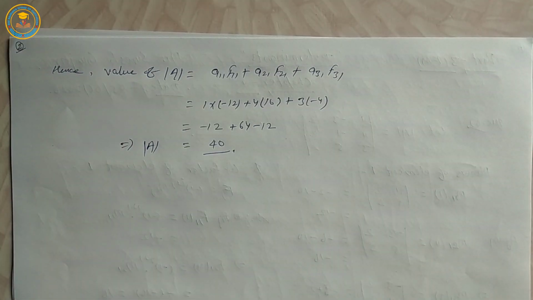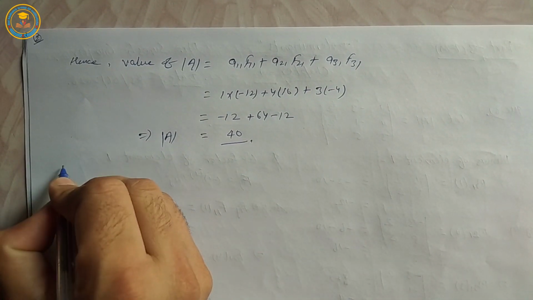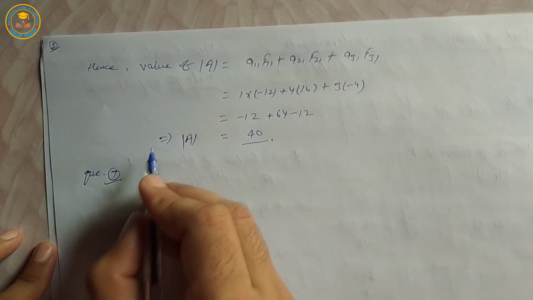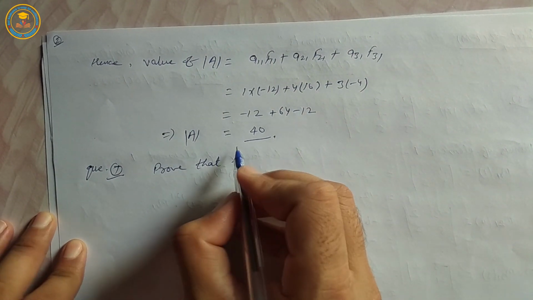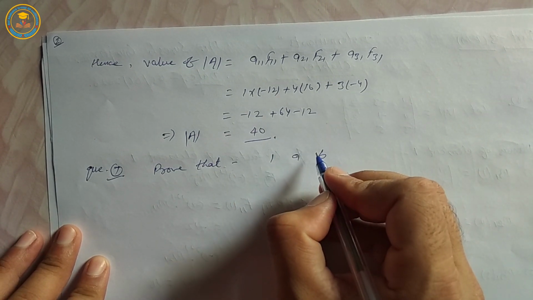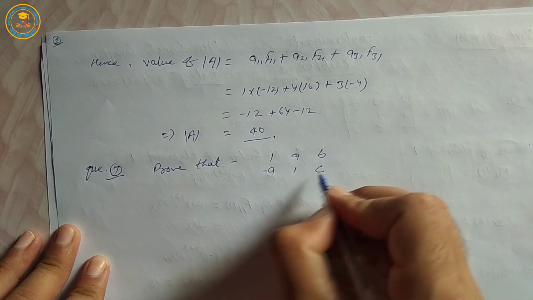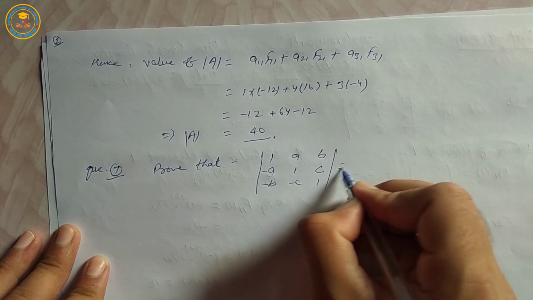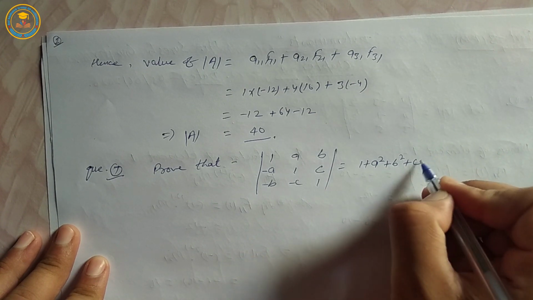Next question, the last question of exercise 4.1, question number 7. Prove that the determinant 1 a b, minus a 1 c, minus b minus c 1 is equal to 1 plus a square plus b square plus c square.